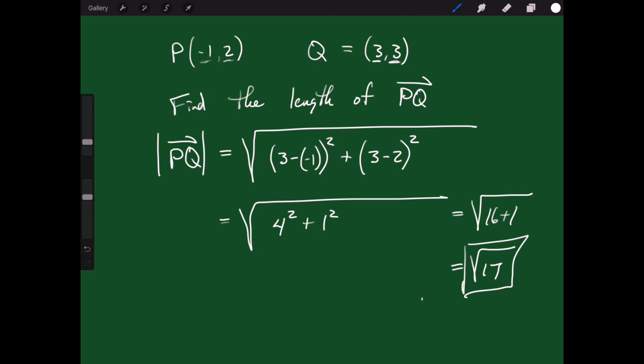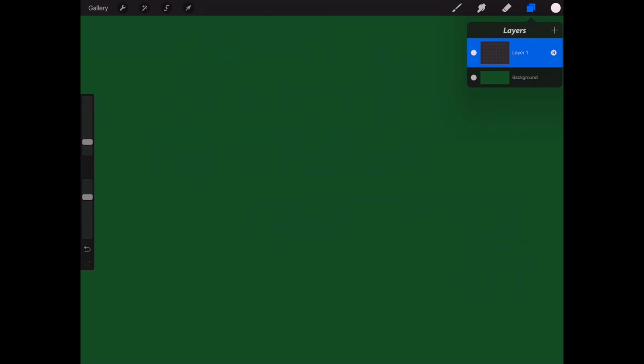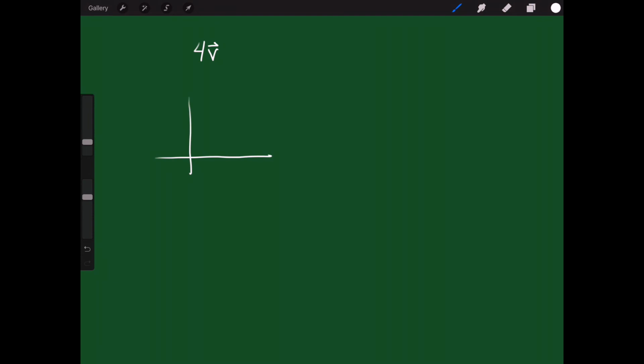Now, another thing that I need to cover with you and make sure that everybody understands is that you can multiply a vector by a scalar. So you can talk about something like 4 times v. Let's say that I have a vector, the vector 1, 2, and I want to talk about 4 times that vector v.